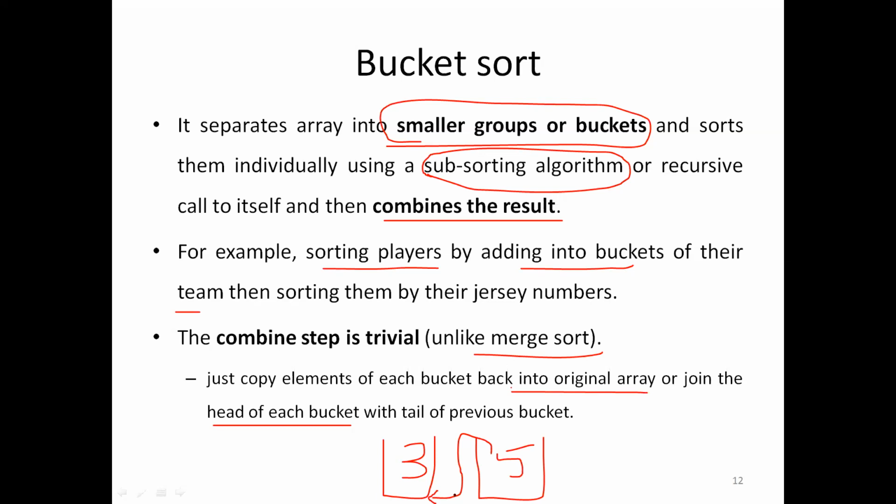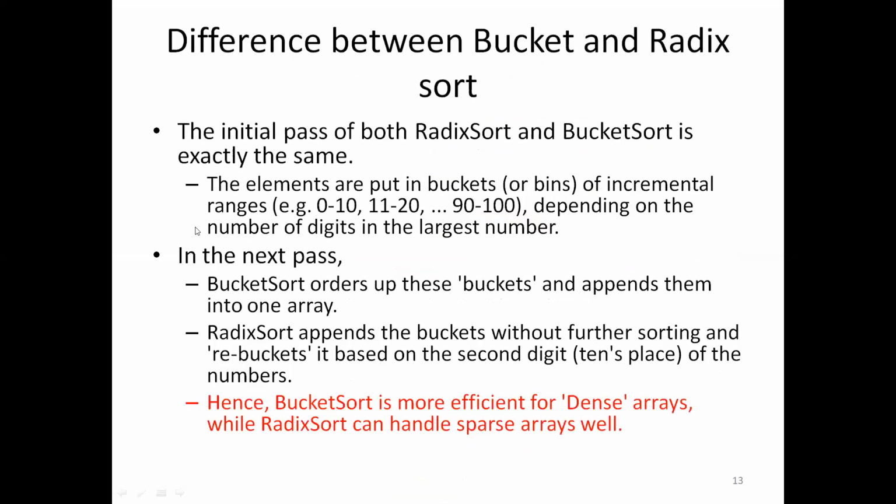And also you remember how the radix sort works. This is the difference between the bucket sort and the radix sort. We'll show the difference. The initial pass of both the radix sort and the bucket sort is exactly the same.